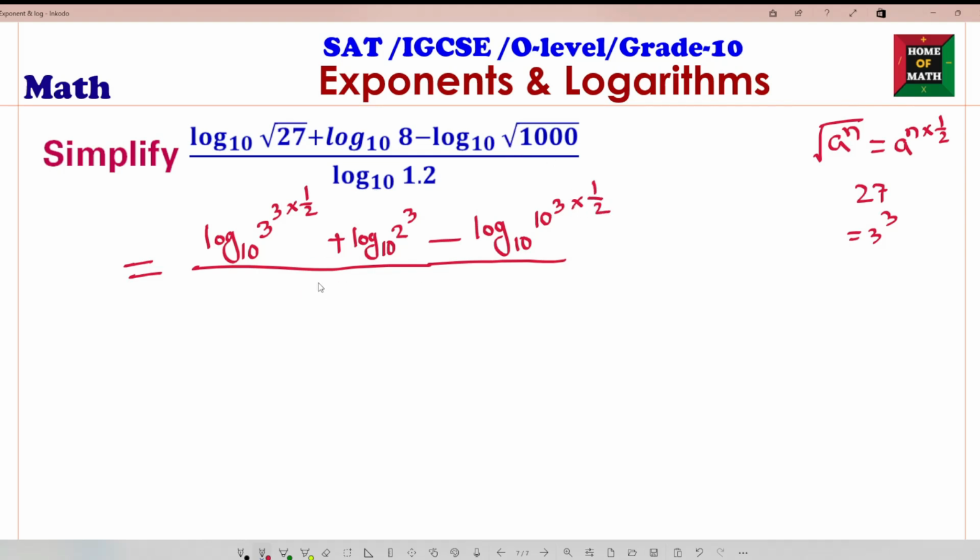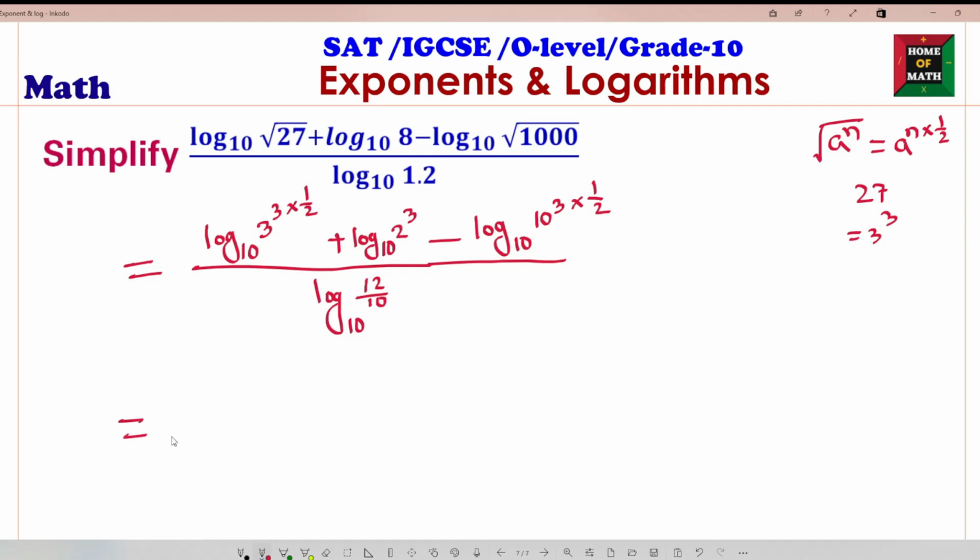Okay, in the denominator log base 10 1.2, we can write like 12 divided by 10. Okay, this is a simple thing.